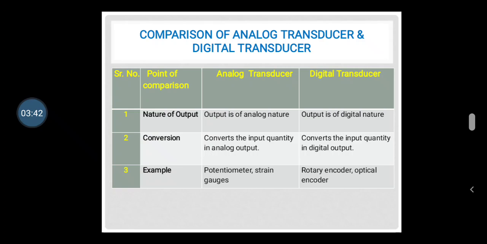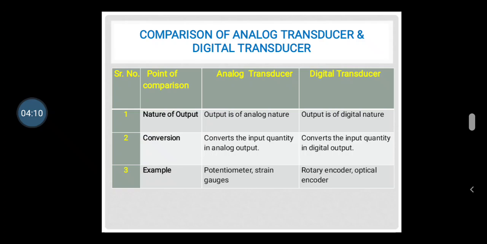And the third one is the example. The potentiometer and strain gauge are examples of an analog transducer, while rotary encoder, optical encoder, and a digital scale for digital indication of the linear position of a moving object are examples of a digital transducer.